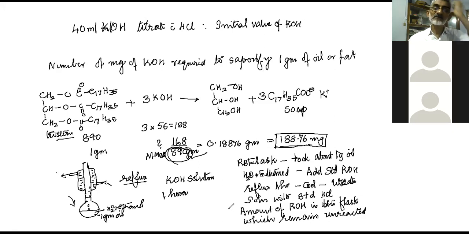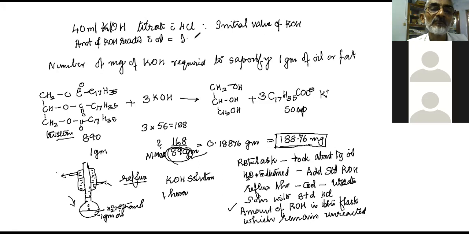And here we have got the amount of potassium hydroxide unreacted. So, the amount of KOH reacted with oil equals the initial amount minus unreacted.